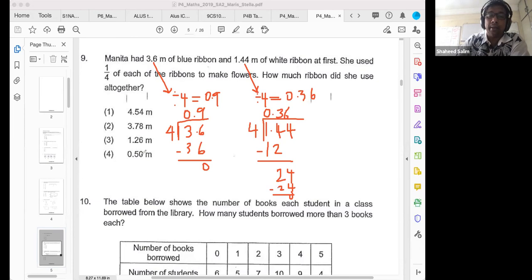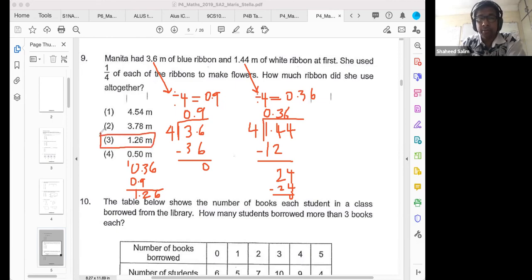So add them together. 0.36 plus 0.9. You get 1.26. Congratulations, Miss Auni, you've gotten 1.26. Okay. Naomi can see now.